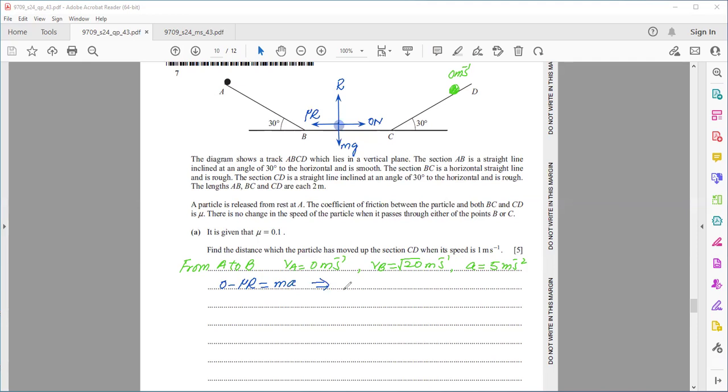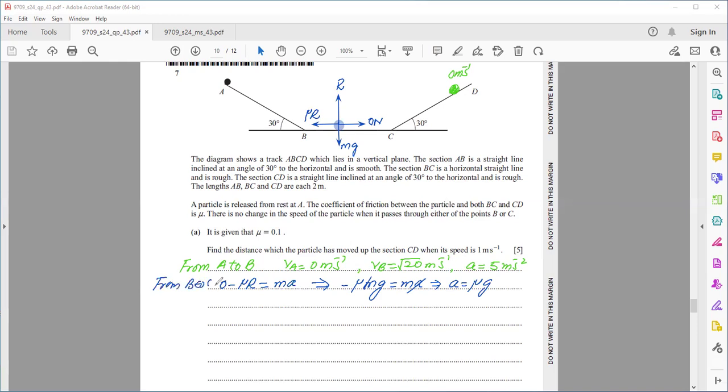And the value of R is given, that is mg. So minus mu times mg is equal to ma. After cancellation of this m, I will get the value of a as minus mu times g, and that is the motion from B to C.